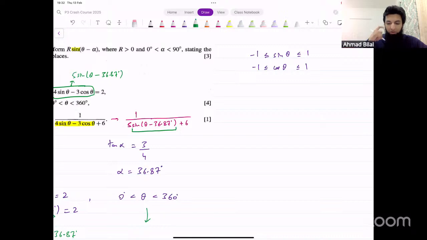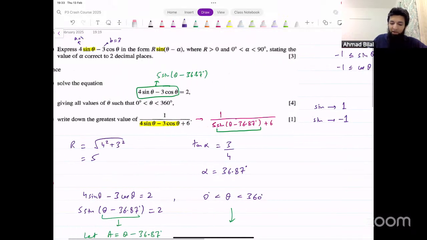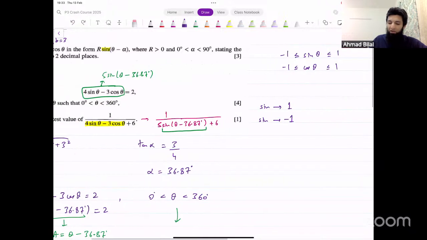So what we can do is we can once input sine equal to 1, and then we can input sine equal to -1. These are the extreme possible values of sine. They are going to give you the corresponding extreme values of this fraction as well.